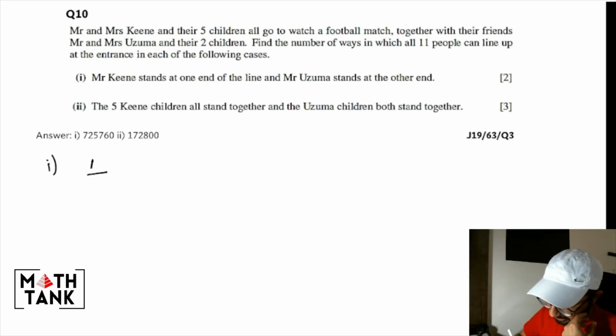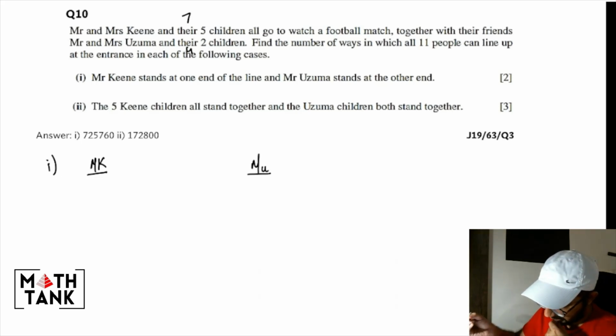So MK and MU. There are a total of 7 here and 4 people here, so there are 11 people in the line. So I have 9 dashes in the middle. Okay, no other restrictions.